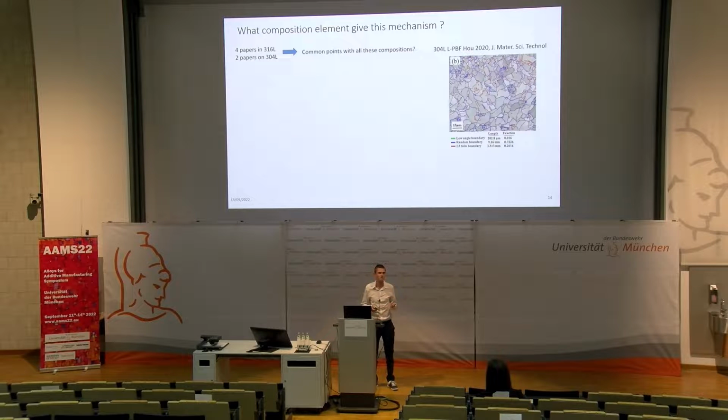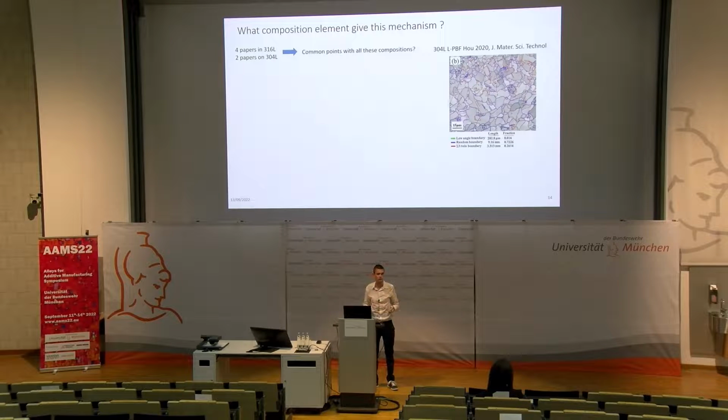But why is there a difference between the SLM steel and the Praxair steel? What composition element gives this mechanism of ISRO? To try to see what element is responsible, we compiled several papers where we think ISRO modifies the microstructure, such as the one presented here in a 304L processed by L-PBF, where one can see a lot of twin boundaries in the as-fabricated steels.